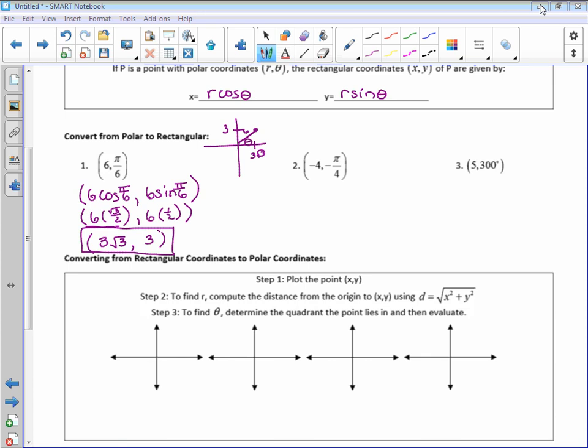So your answer should be -2 root 2, positive 2 root 2. Do you get why it's second quadrant? I did -4 times 7 pi over 4. Yeah, you got it.